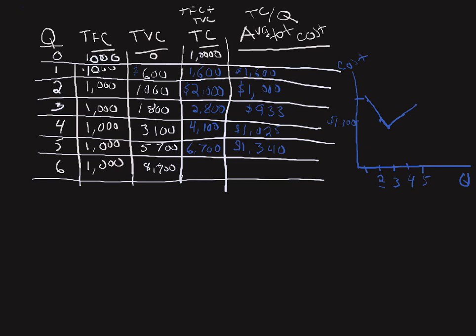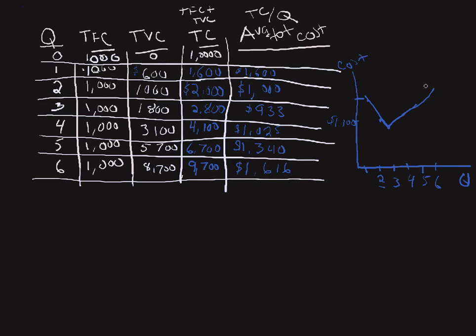How about 6? That's $8,700 variable, so $9,700 to produce 6 units. $9,700 divided by 6 is going to equal $1,616. So what do we have for the 6th unit? We've got even higher production costs.